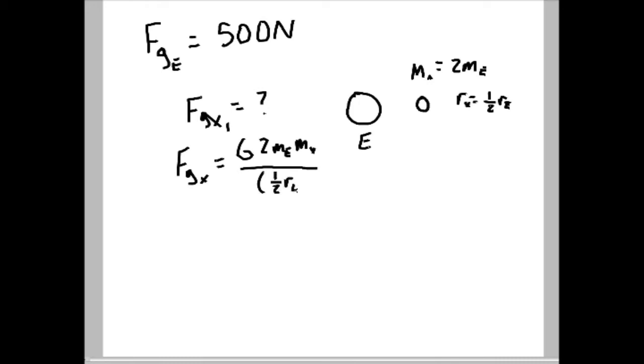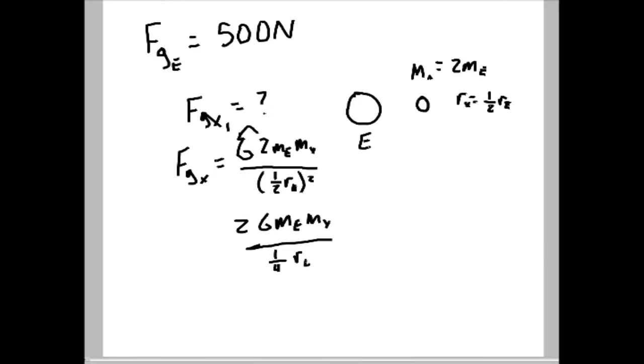So that 1/2 term gets squared also. The 2 can come out, and then I've got 1/2 squared, which is 1/4. So I get 2G, mass of the Earth, and then my mass, and then I'm dividing by 1/4 the radius of the Earth squared.